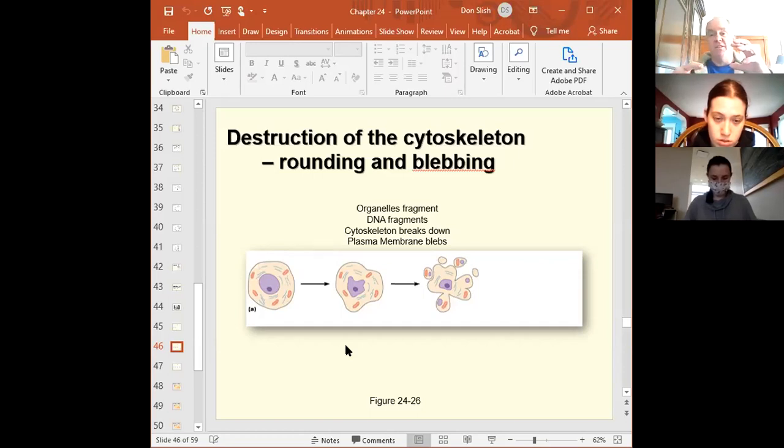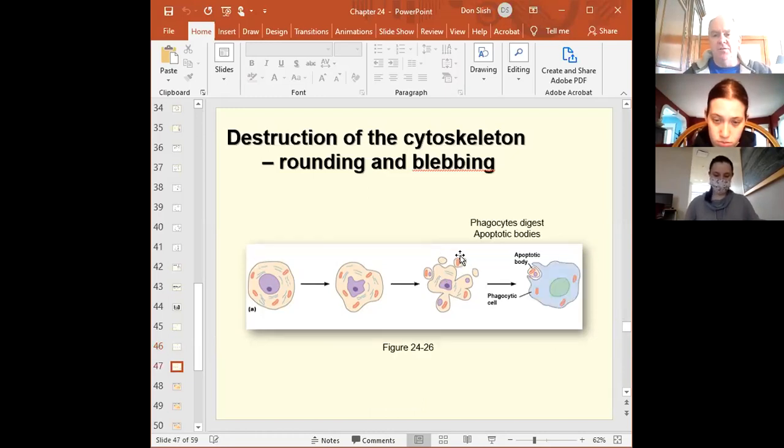So we've got a DNase that gets activated here and clips it at either end of the nucleosome, so all the DNA is in 200 base pair pieces. And the organelles start to fragment. Another thing that gets attacked early on is your mitochondria. They break down that outer membrane and then the inner membrane, and then there are no more ion gradients, and the mitochondria is shut down.